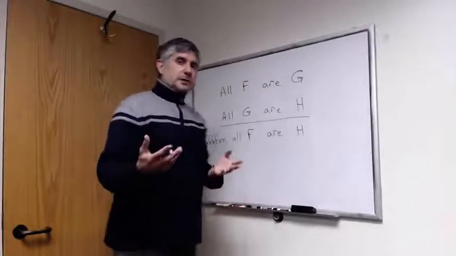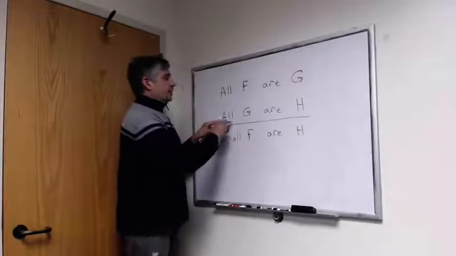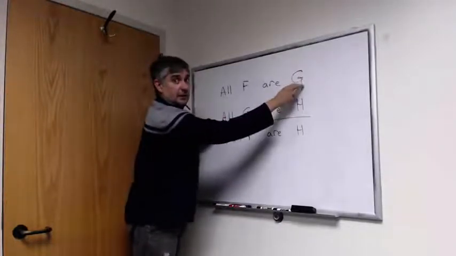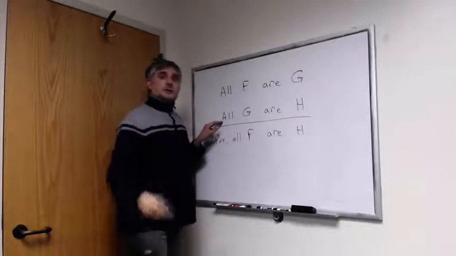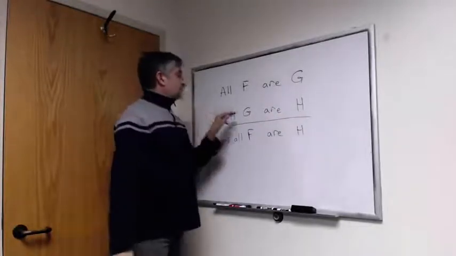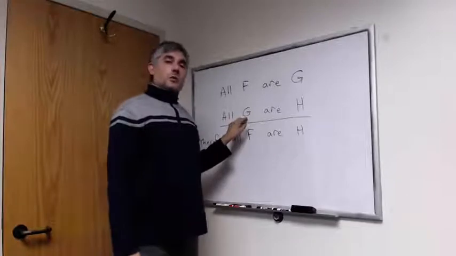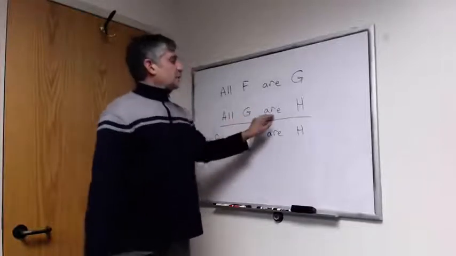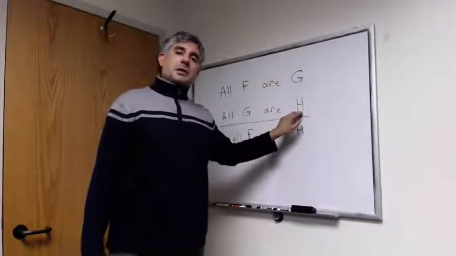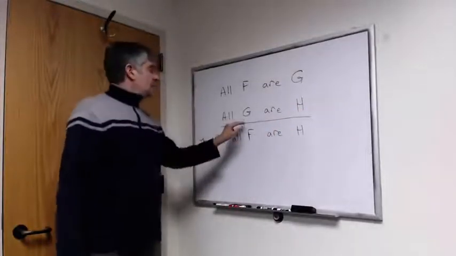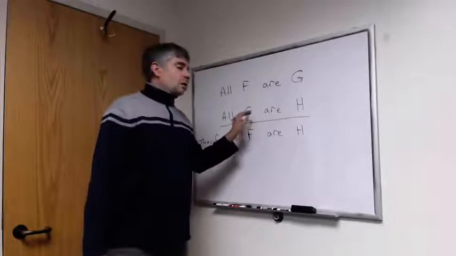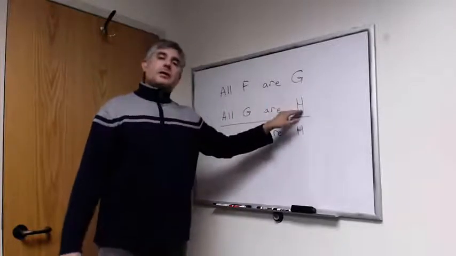The second premise said that all things that fall into that second category also fall into a third category. So, for instance, all things that fall into the category rectangle also fall into the category having parallel sides. Or, all things that fall into the category mammal also fall into the category animal.